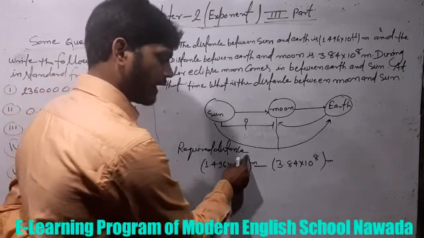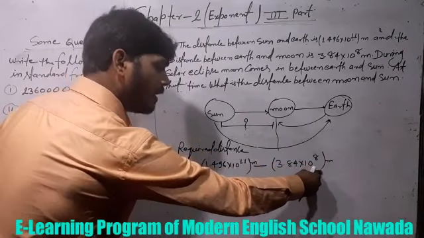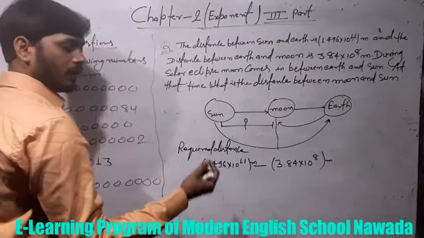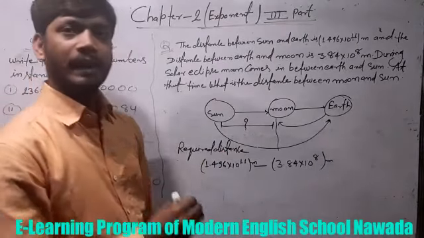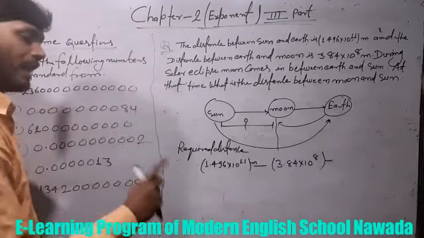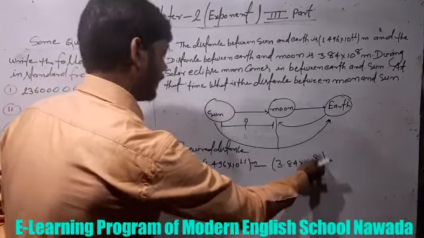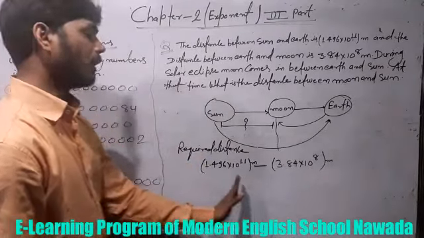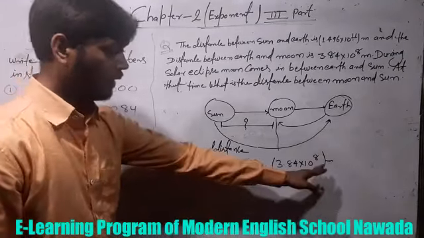1.496 into 10 to the power 11 minus 3.84 into 10 to the power 8. Here we will learn the subtraction and addition method for exponential numbers written in standard form. First of all, we have to change power 11 into power 8, or power 8 into 11, but it is very simple to change power 11 into 8.